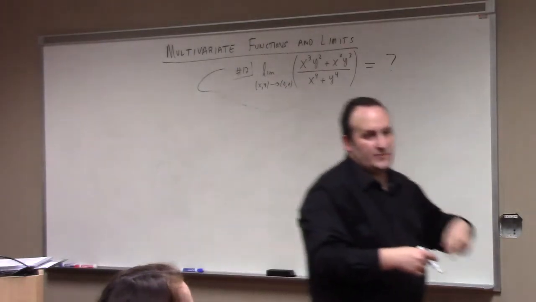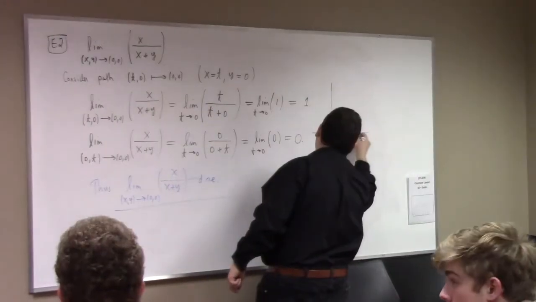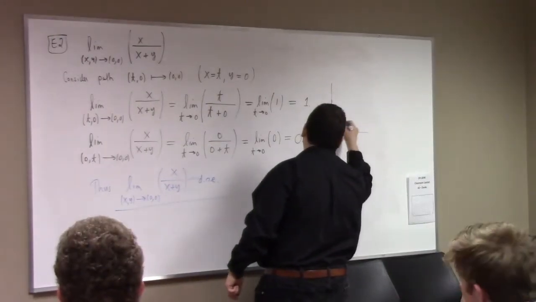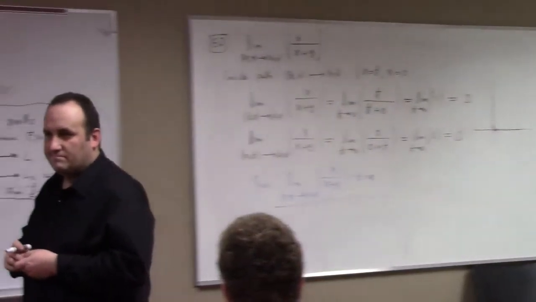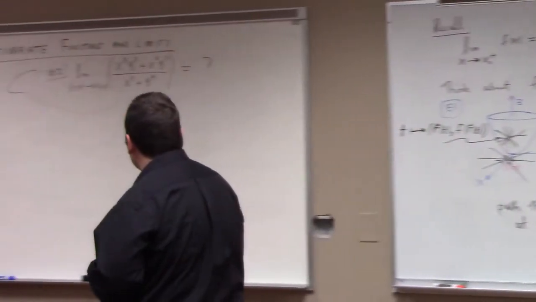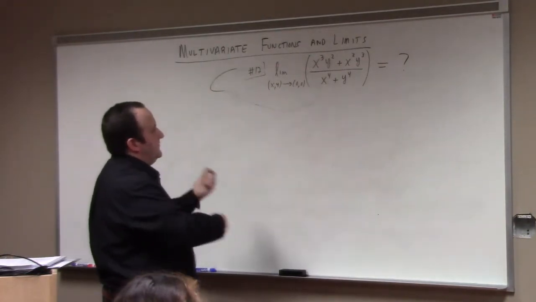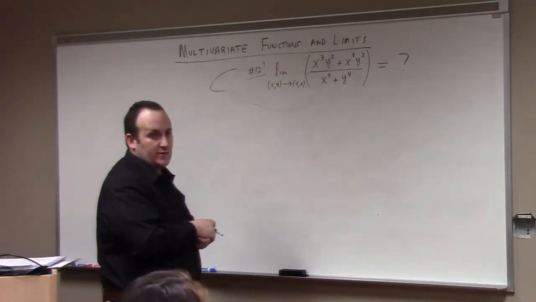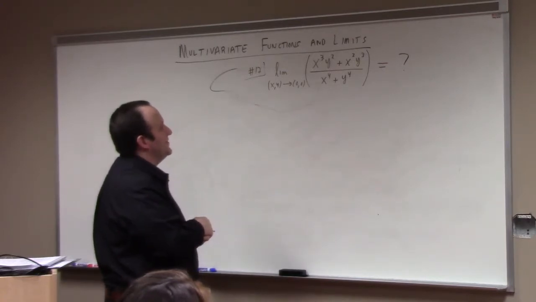If you really look at what I did in this last example, I basically exploited this path and this path, and we saw that those two different paths disagree. Will that work here? What if I try the coordinate paths? Is that going to work? Terrible algebra.